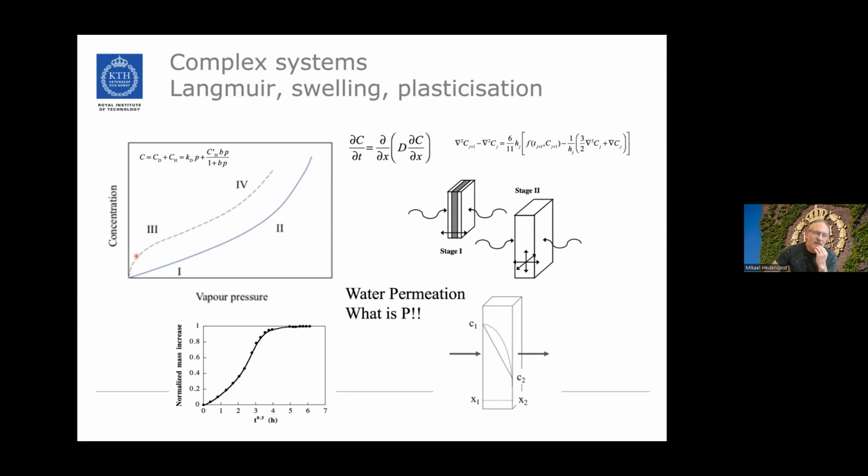And this Langmuir type of uptake has been modeled and explained by that there are microvoids in the material that this foreign molecule is filling. And when those voids are filled, you have a normal solution or dissolution process. The problem is that no one has seen these microvoids, but it's a good theory.